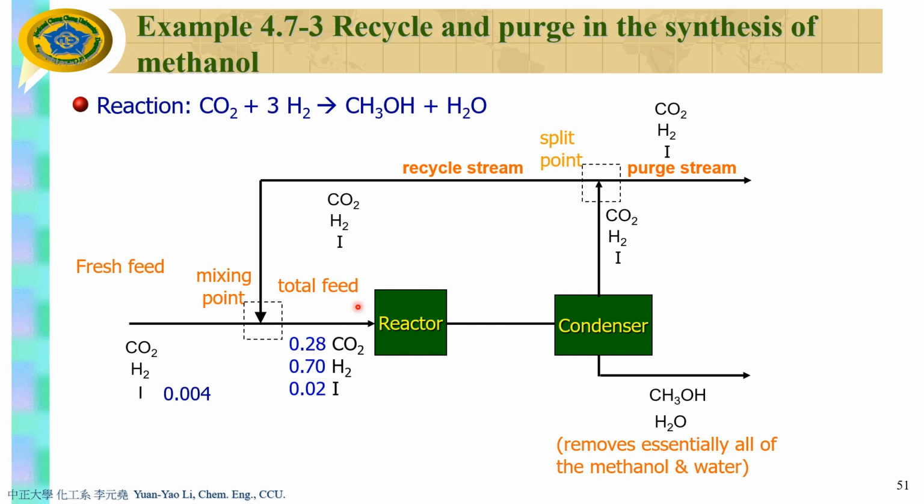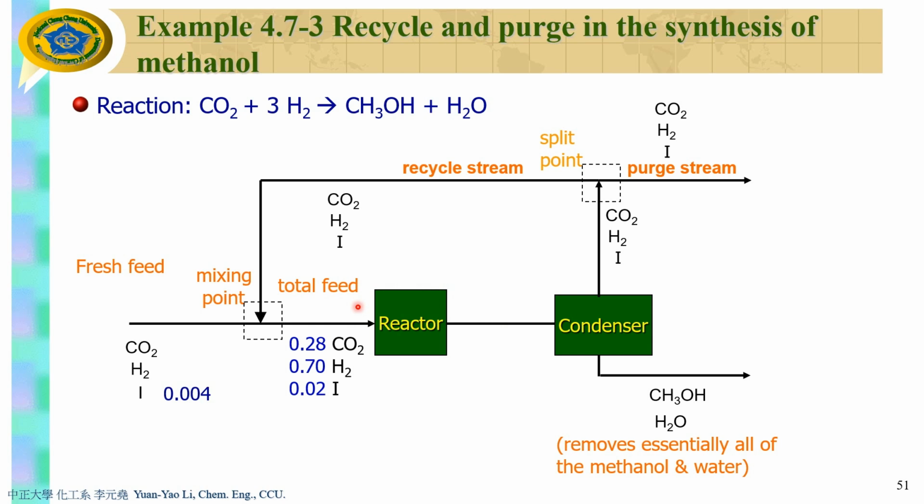Okay, calculate the molar flow rate and molar composition of the fresh feed and the total moles of the reactor feed, the recycle stream and the purge stream for the methanol production of 155 kilomoles methanol per hour. So you got only one number, which is 155. What is this?